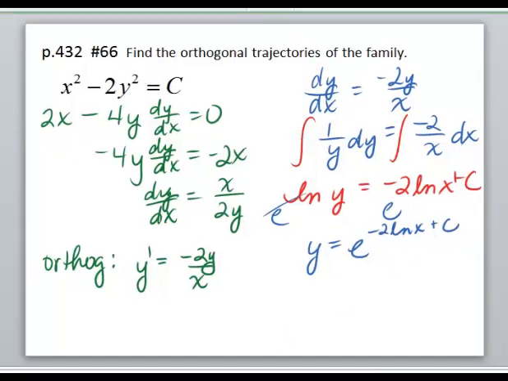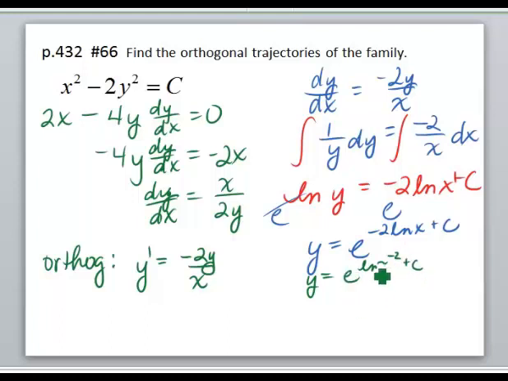So I'm going to go ahead and simplify this just a little bit further. This is the correct solution, but it may not appear in a multiple choice type answer. So I'm going to use log properties and make this say e to the ln x to the negative second plus c.